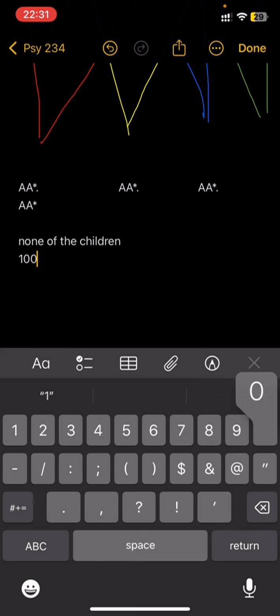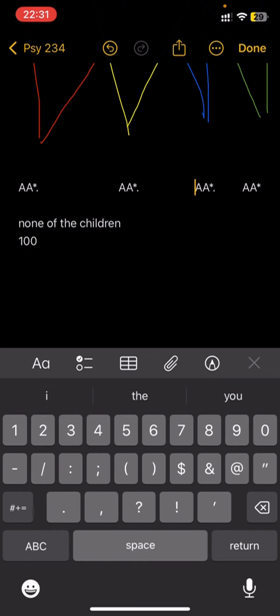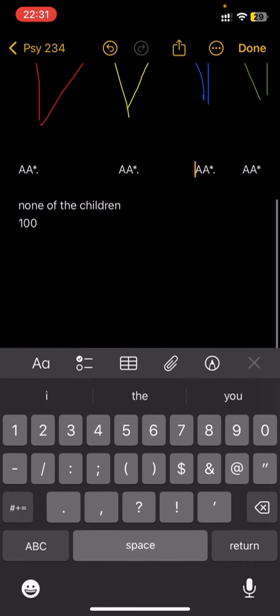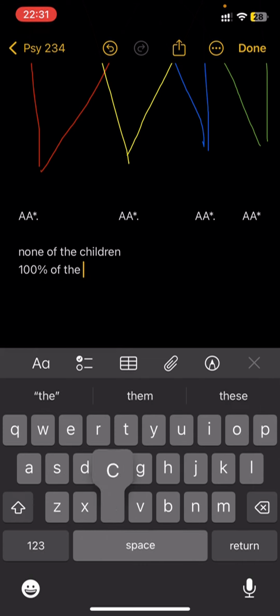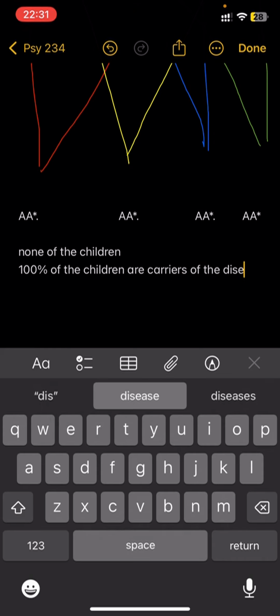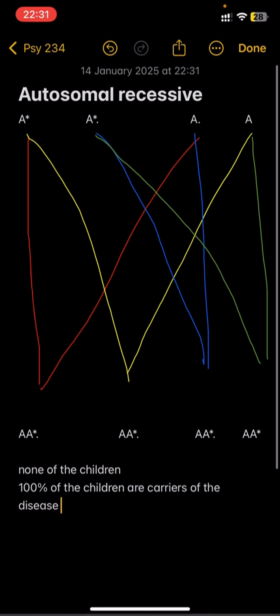But now we can say that 100%. So now all of them are the same thing. But now we can say that 100% of the children are carriers of the disease.